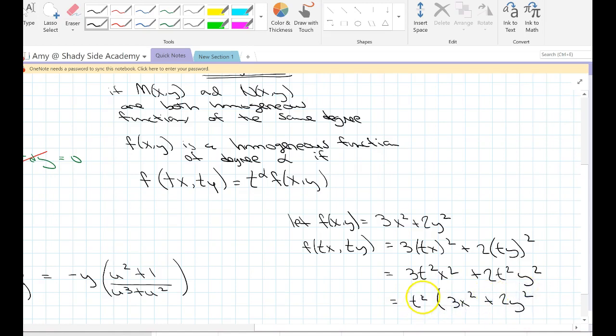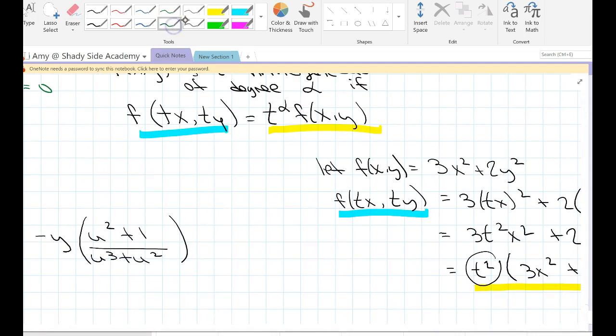Now look over here, because f of tx comma ty just equals t to the second times f of x,y, right? Do you see how this is this, and this is this?